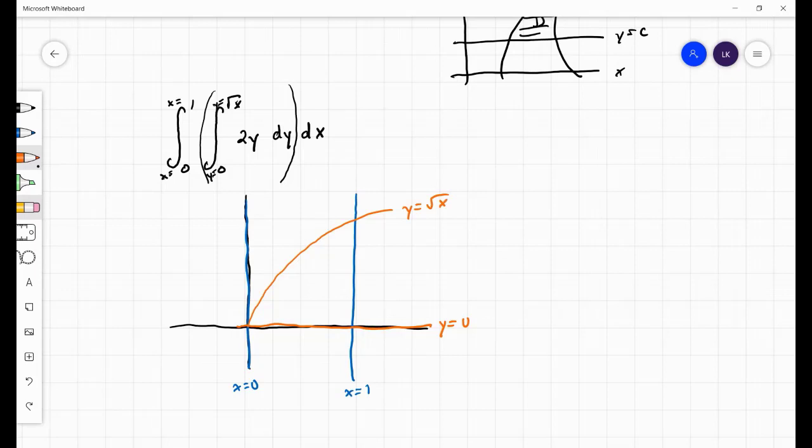Okay. And so we would have to be able to sketch this region to see, yeah, if we would switch the order of integration, so we're going to treat this as the other type of simple region. So we're going to have dx dy. So what would the bounds for y be?